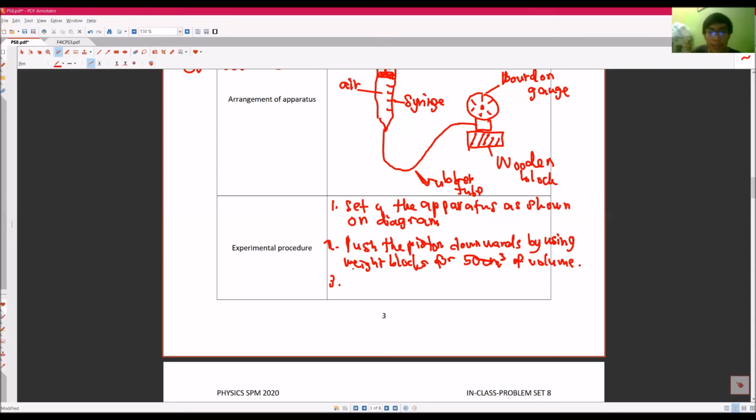Number 3, we have to record the RV. Record the Bourdon gauge reading for the pressure of gas.